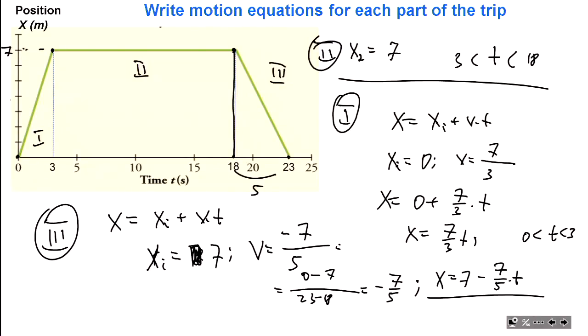Because the reasoning behind these calculations is different. You write xi as 7, but it is partway through the graph. Why is the initial position this?